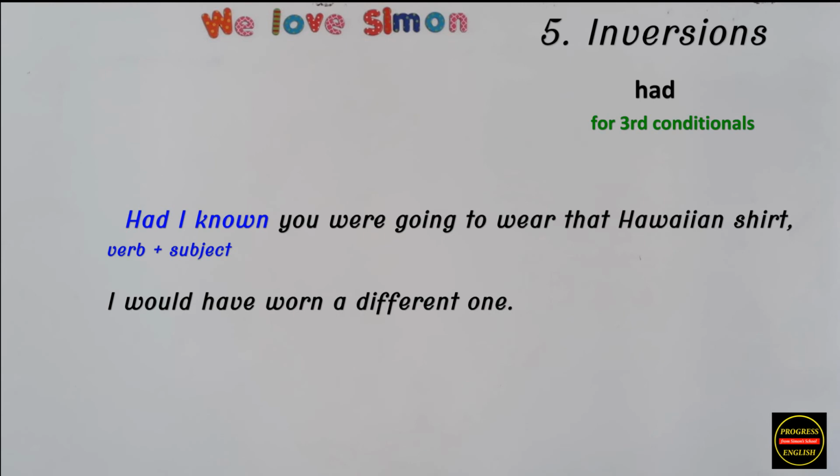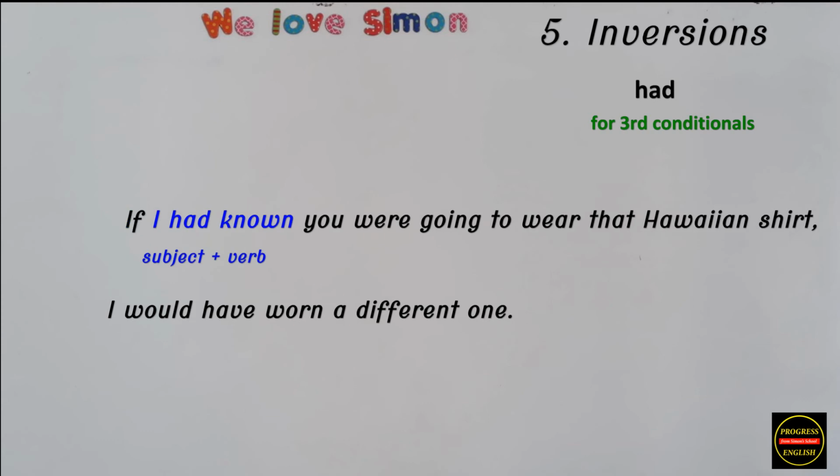So, had I known you were going to wear that Hawaiian shirt, I would have worn a different one. I could have said, if I had known you were going to wear that Hawaiian shirt, I would have worn a different one. But it sounds much stronger and much better if you use had I known.